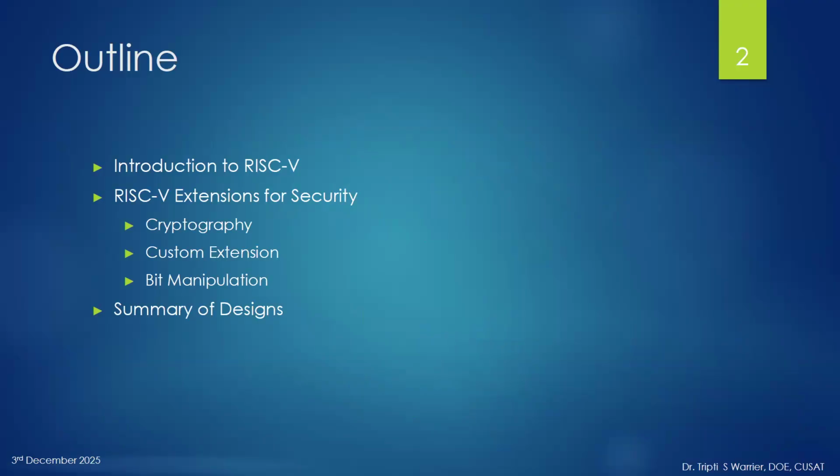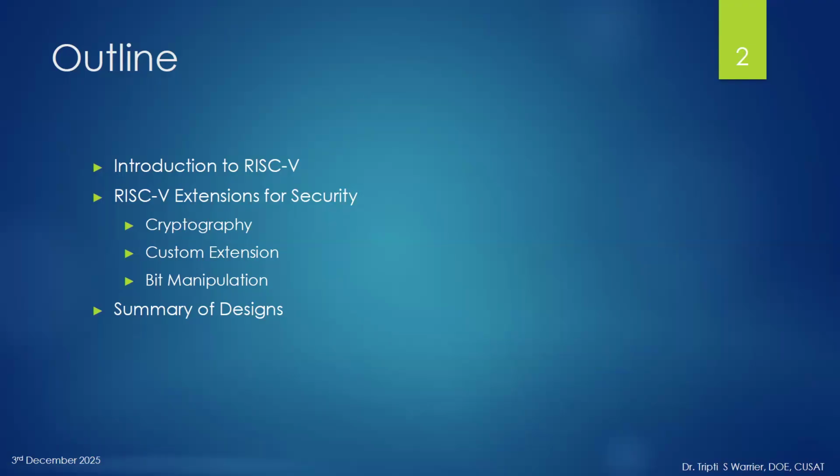The outline of the talk is, first, an introduction to RISC-V with respect to SoC design. Some of the points have been covered by Libin, but I will talk about what is relevant to my talk. Then we will talk about security applications specifically, and when we talk about security, we are talking about cryptographic applications.